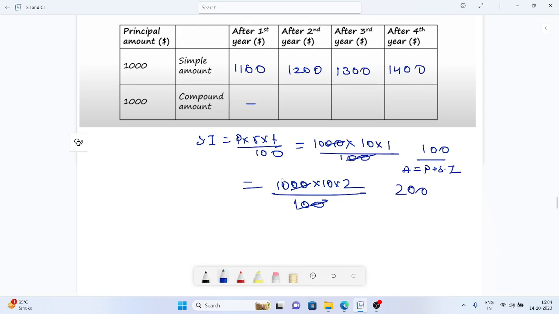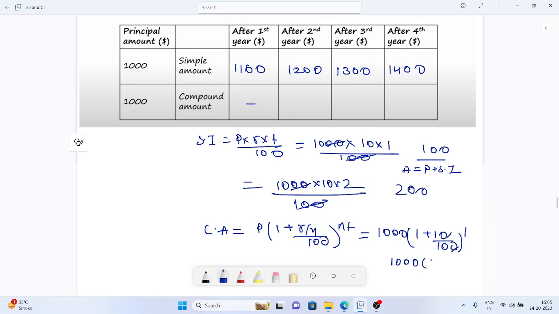But what amount comes here with compound interest? Let's see. Amount equals 1 plus r by n by 100. It will be 1000 into 1 plus 10 by 100 over 1, which gives 1000 into 1.1, so it gives you 1100.